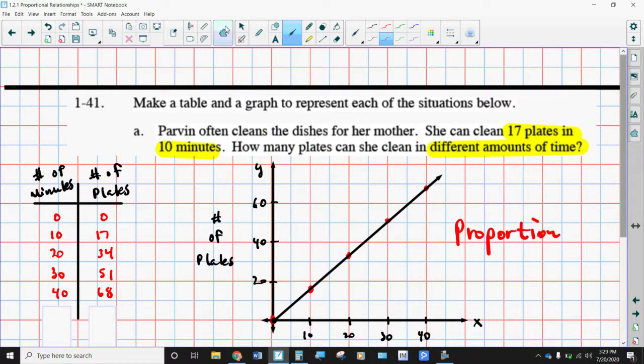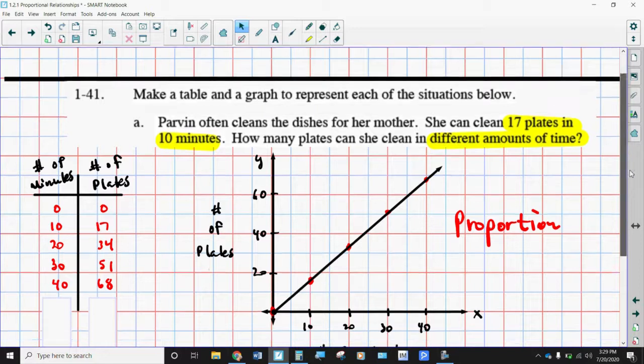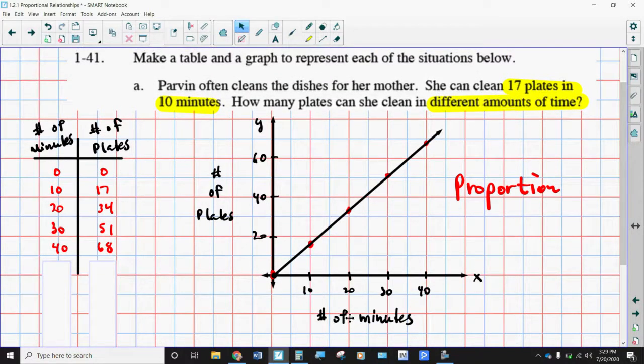Okay, now as you do the next two, you might be thinking, how do I decide which goes on the bottom on the x-axis and which goes on the y-axis? Generally, it's safe to say if time is involved, you put the time on the x-axis.